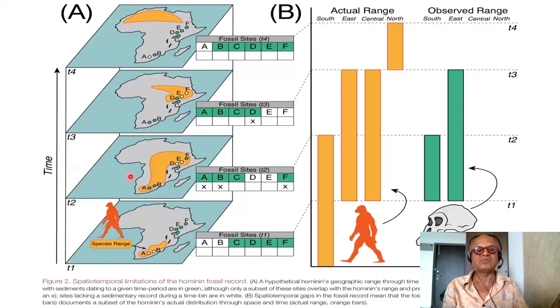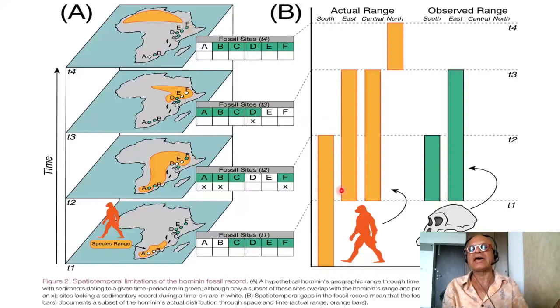And then at time T2 you have found more sedimentary sites, and you have expanded your estimate of the species range, and this keeps changing over time, and now you have used the information to extrapolate into regions where there is no data.